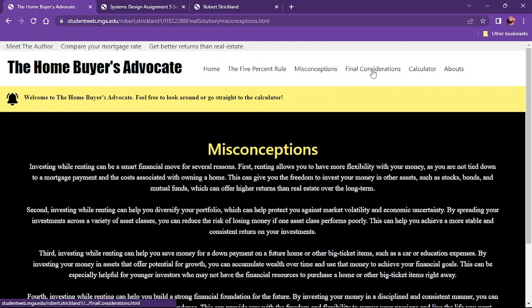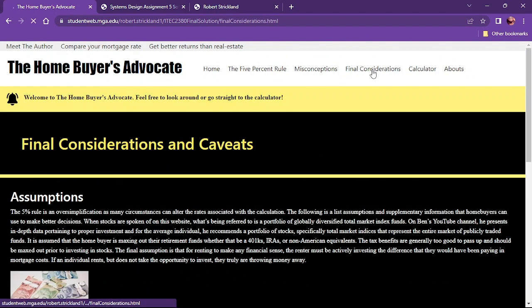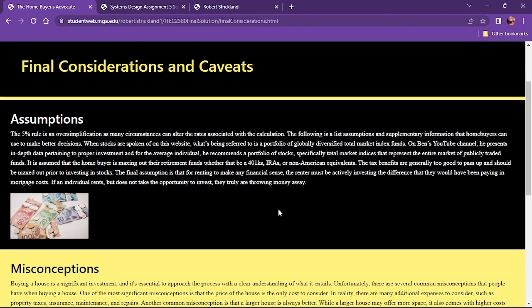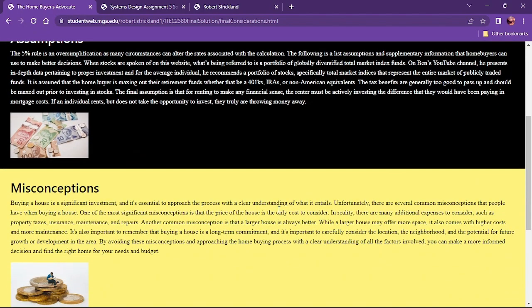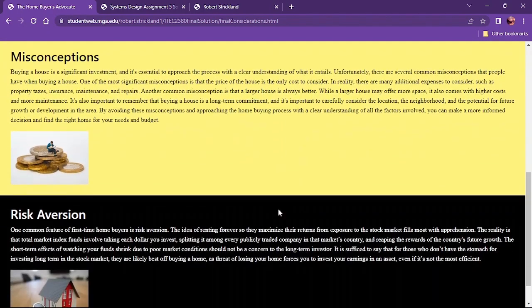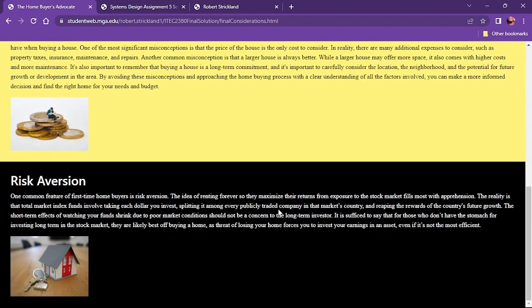But I digress. Next up are the final considerations. Again, it's just supplementary information and also things that you really need to consider. More misconceptions and what the risk averse people should do.